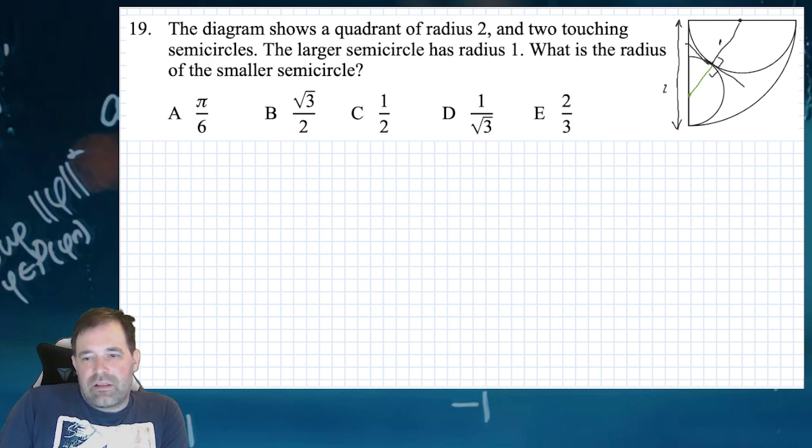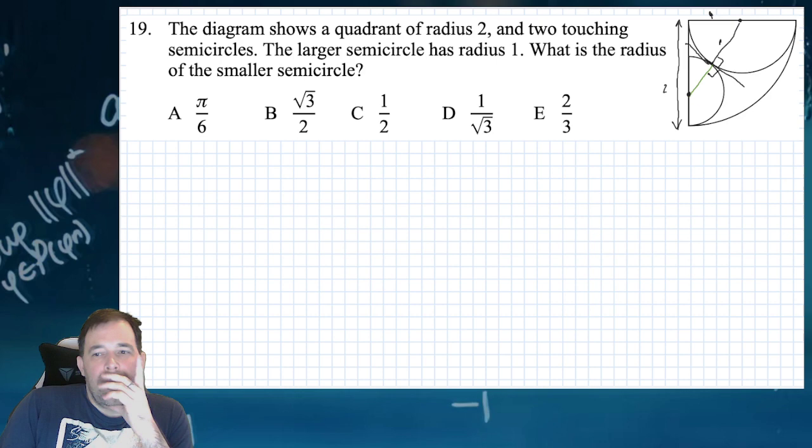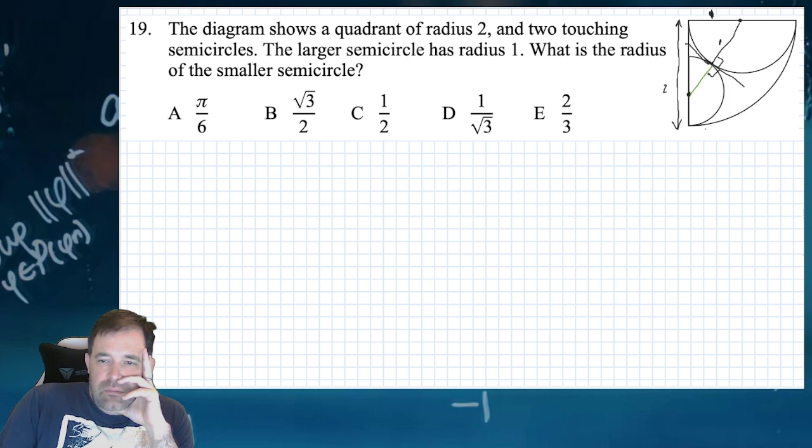If that's 90 degrees, that's 90 degrees as well. So I think that's a straight line. So I think we've got some knowledge there. We know that's 1. We don't know any angles yet. We know this.